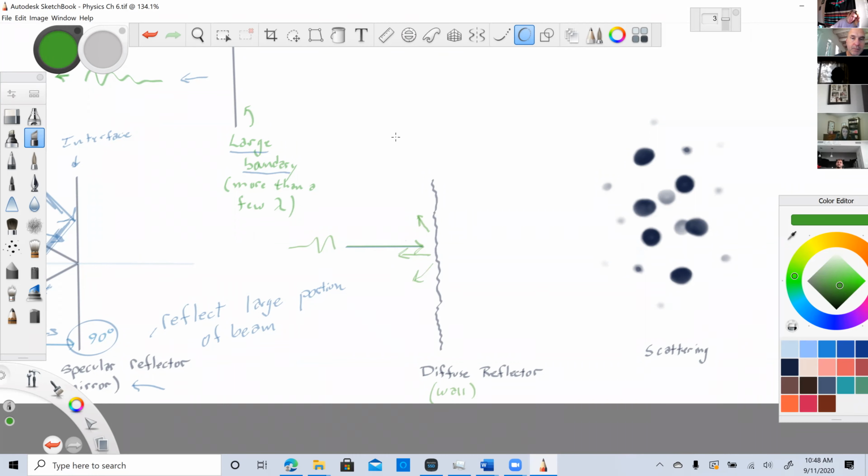The surface scatters sound. Now, I usually draw this, the size of the arrow is indicative of the strength of the arrow.